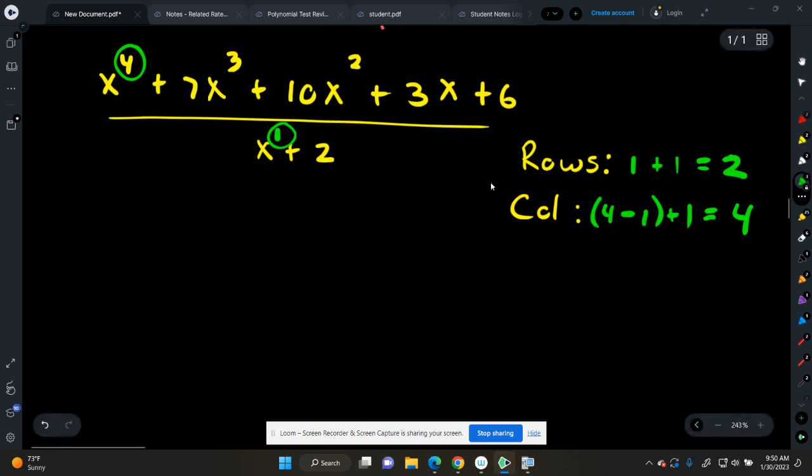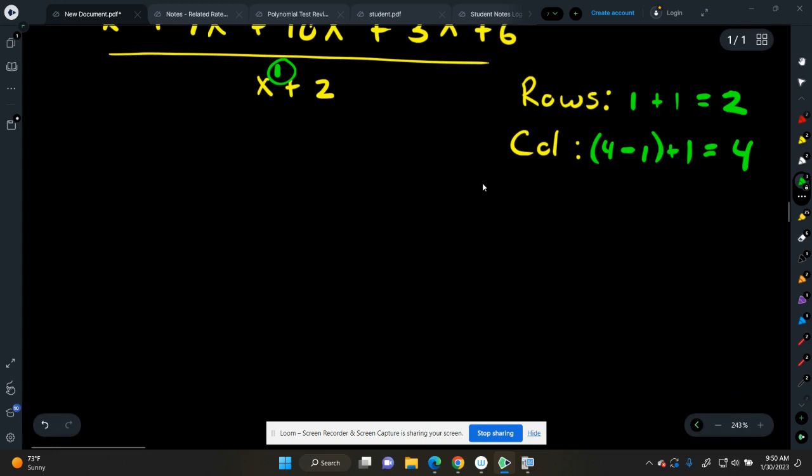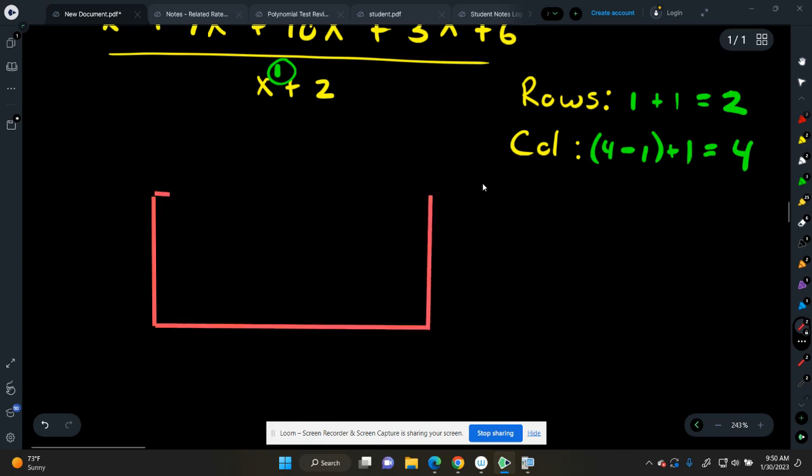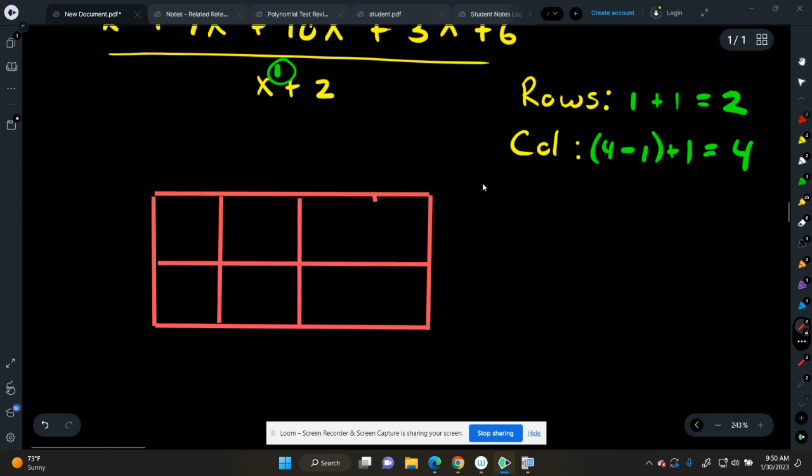Okay, 2 rows, 4 columns. And draw our diagonals.